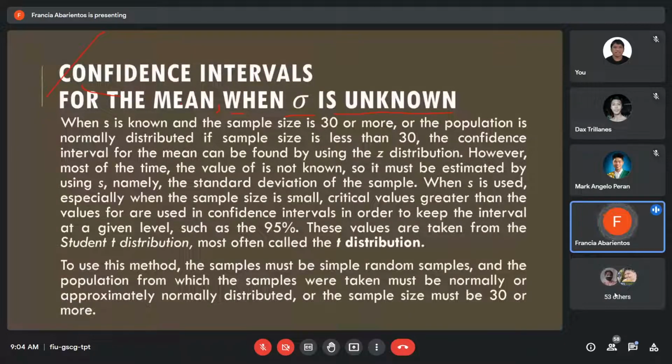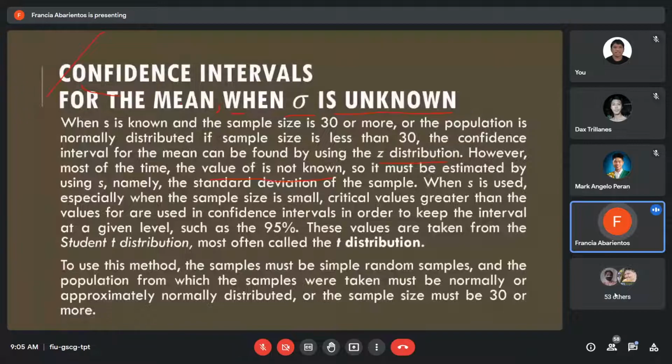Sabi dito, when σ is known and the sample size is 30 or more, or the population is normally distributed. If the sample size is less than 30, the confidence interval for the mean can be found by using the z-test. Ayan. However, most of the time, the value is not known. Take note.